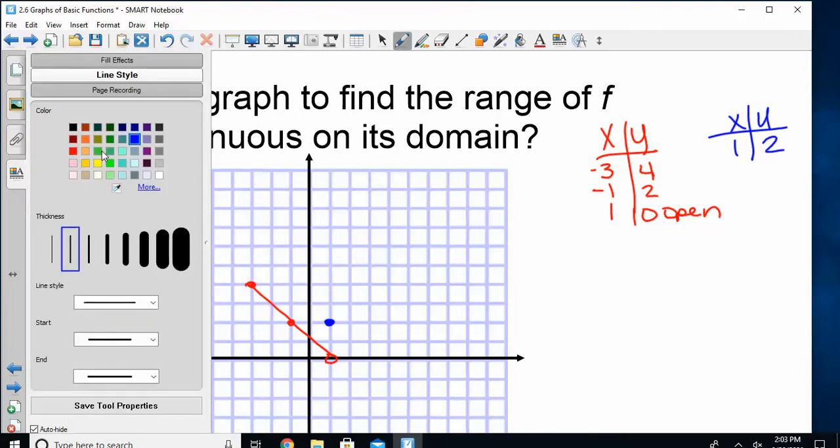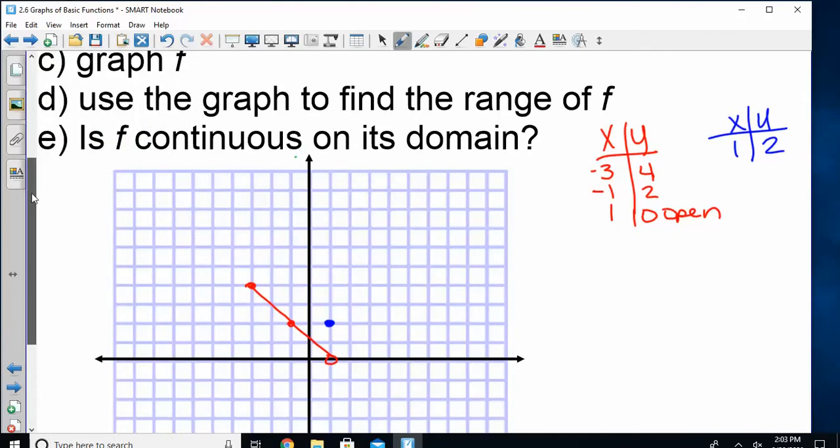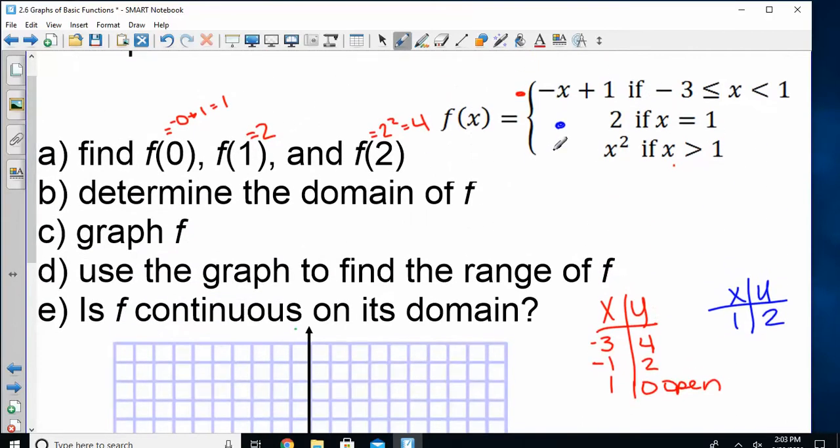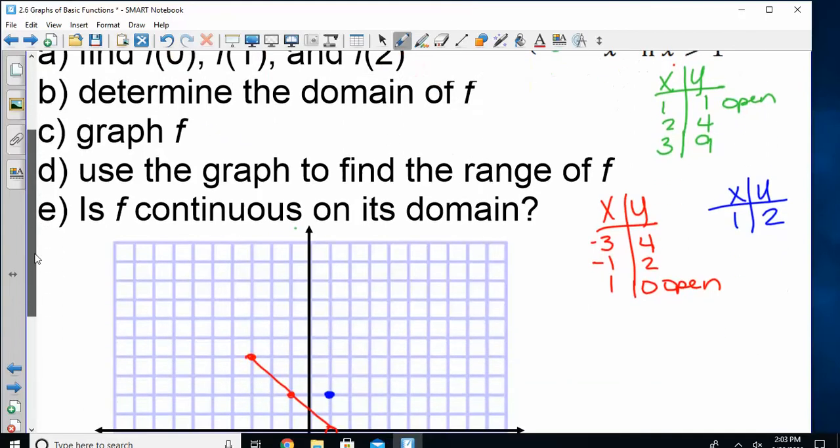Last one. X squared if x is greater than 1. So we have to start with 1, open or closed? Open. And then things larger. So maybe a 2 and a 3. So 1 squared is 1, 2 squared is 4, 3 squared is 9.